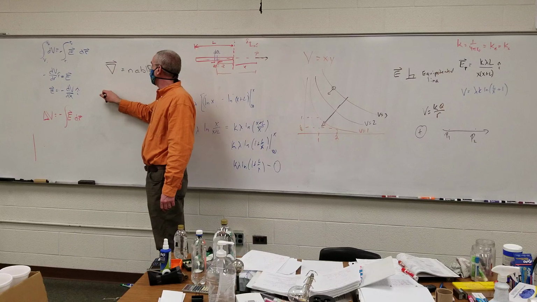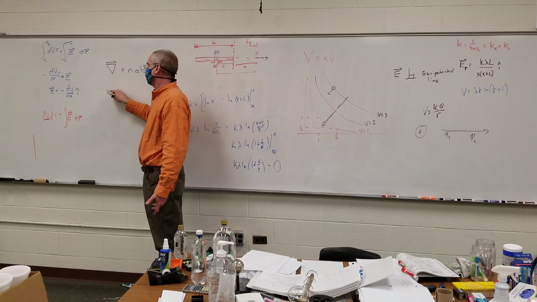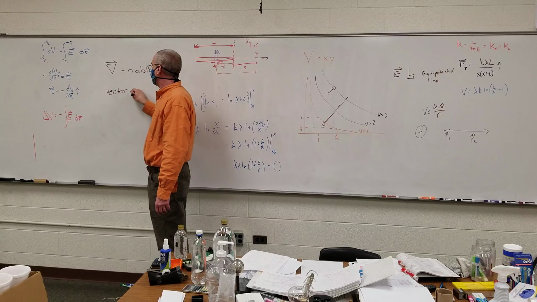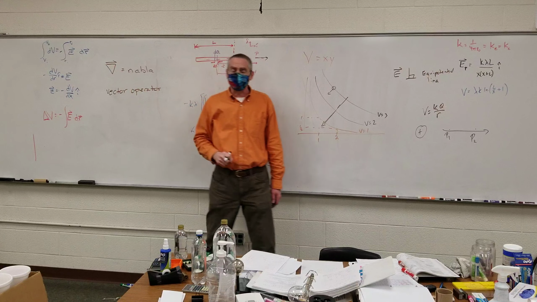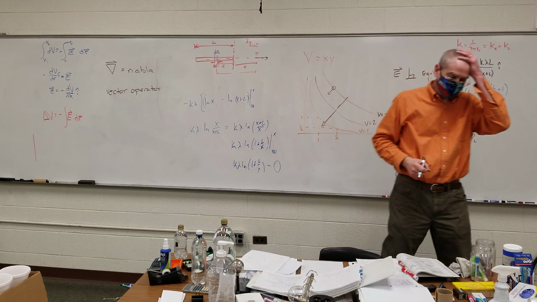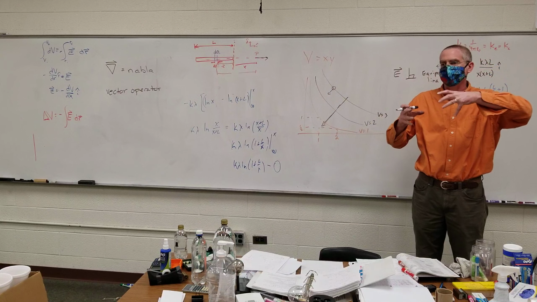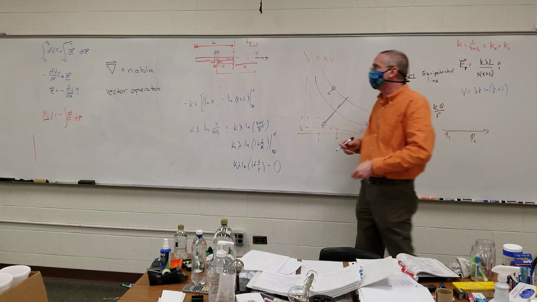This in physics is known as a vector operator. Actually, probably in math too. It is a vector, so there is a direction to it, but it's called an operator because it doesn't really have a value, it performs an operation. So in rectilinear space, nabla is equal to i hat del x.